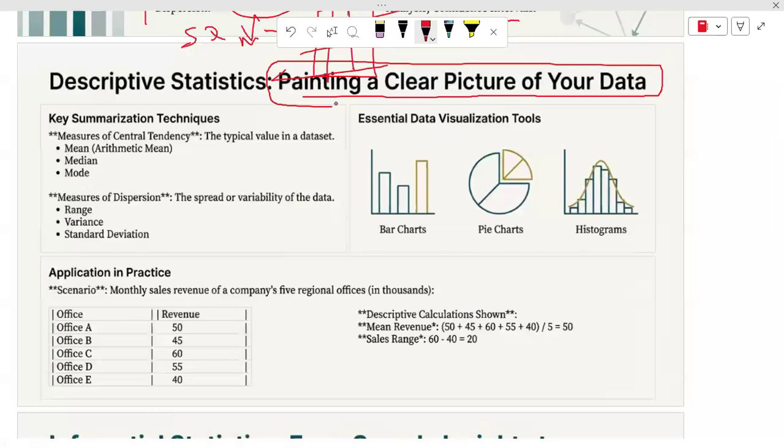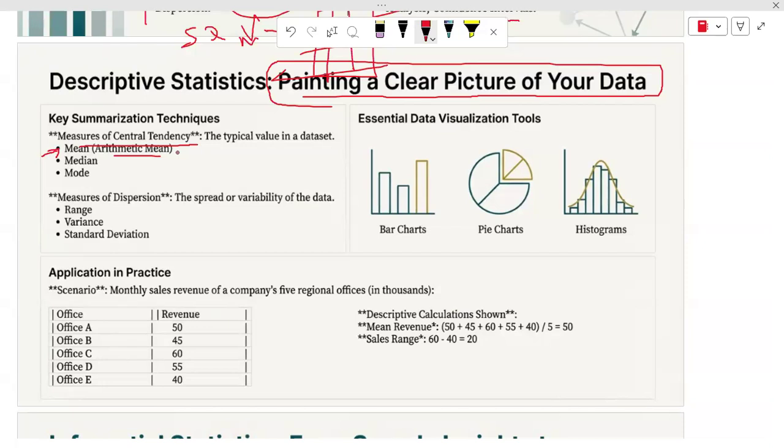Key summarization techniques. In statistics, we have some techniques to summarize or describe the data. First one, the measure of central tendency. It is the typical value in the data set. We may find the mean, arithmetic mean, sometimes harmonic mean, geometric mean. There are many different types of mean.